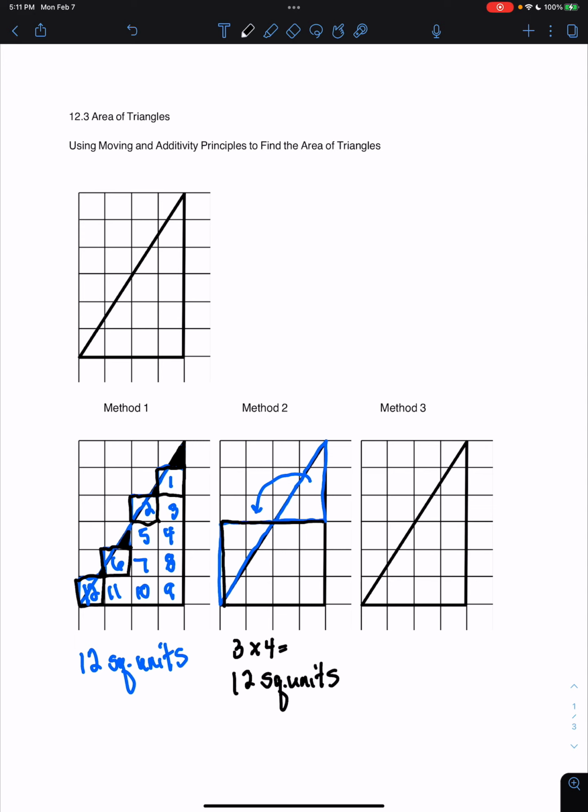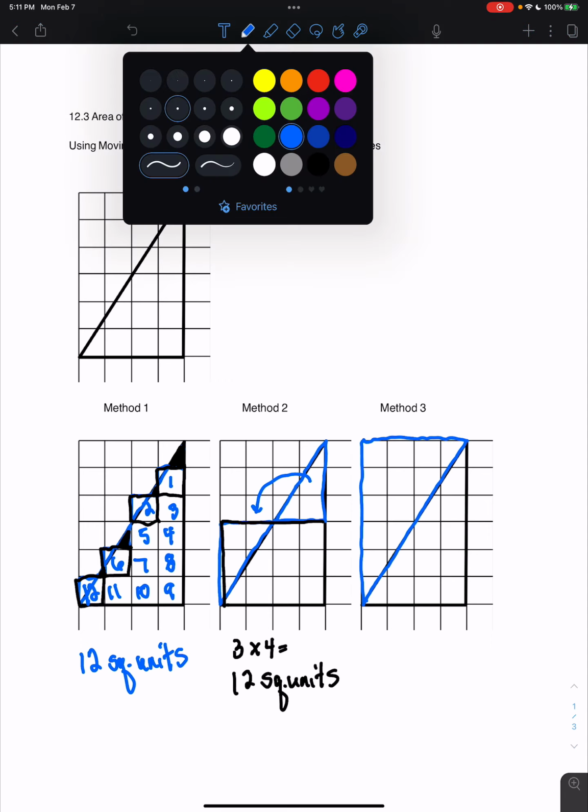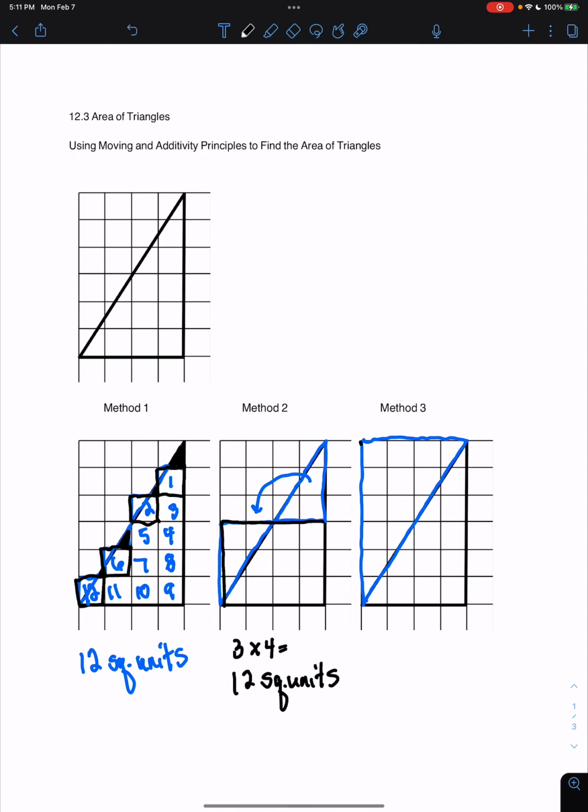Let's try method 3. So for method number 3, what I'm going to do is I'm just going to flip this whole triangle over and say, wow, this triangle looks like the upside down version of the other one. So if I duplicate that triangle, I get a giant rectangle.